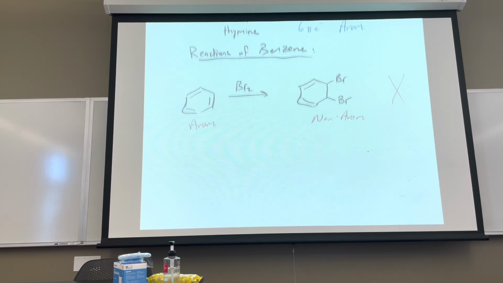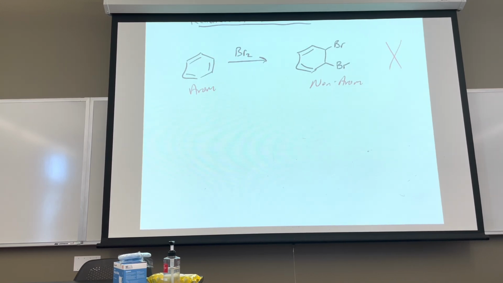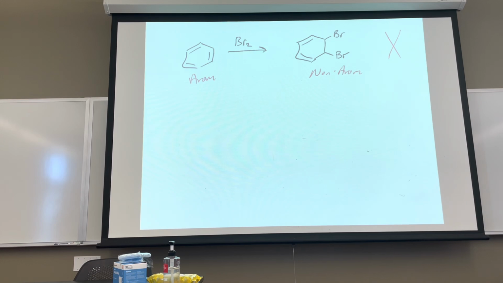And so almost all the reactions we're going to see in this chapter are going to fall under a new mechanistic manifold, something we haven't seen before, and it's what we call electrophilic aromatic substitution.